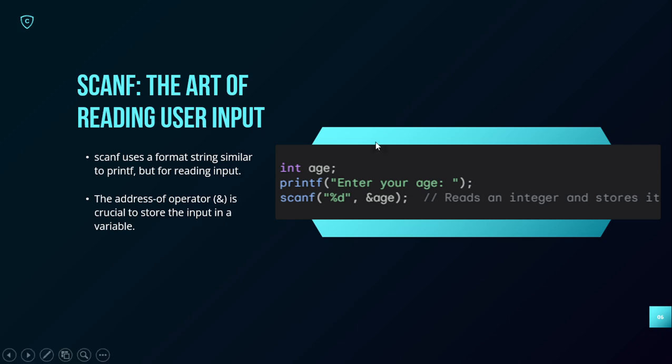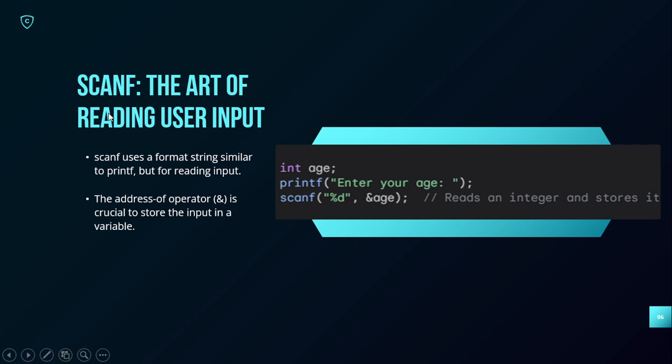You can see an example here: int age; printf("Enter your age"). So the computer is asking the user what their age is, and then scanf with %d, which means an integer value, and &age reads an integer and stores it. That's how scanf works.